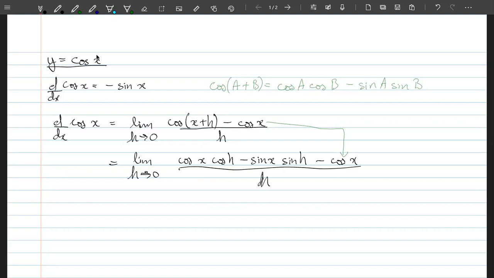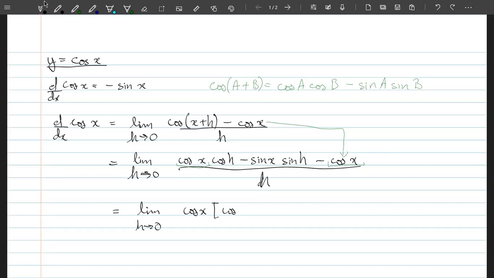h. Now, as before, we observe that cos x is common here. So in the case of sin x differentiation, sin x was common. Here you have cos x common. So these two terms, the first term and the last term, are taken common. So we have cos x times cos of h.